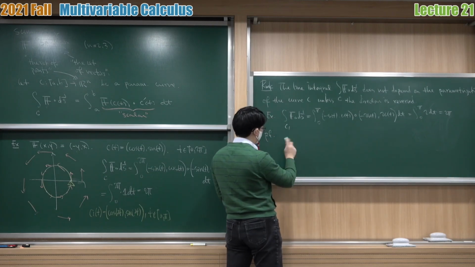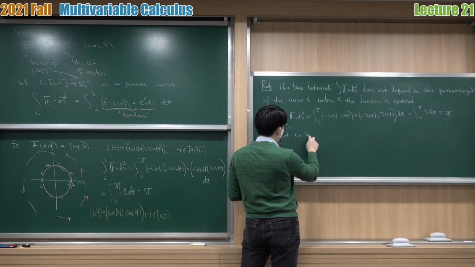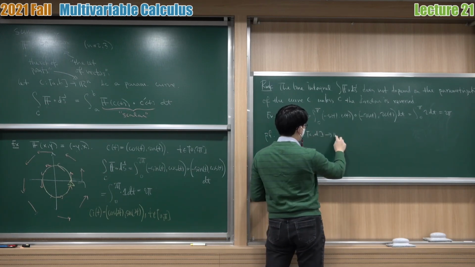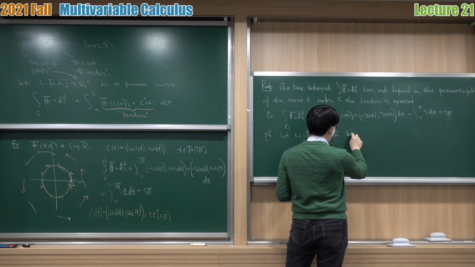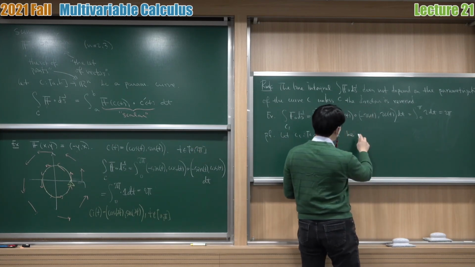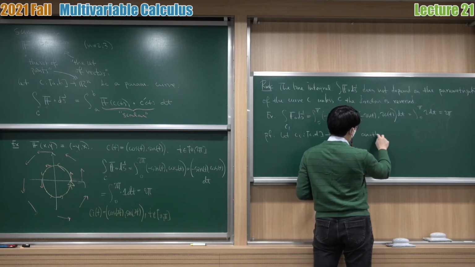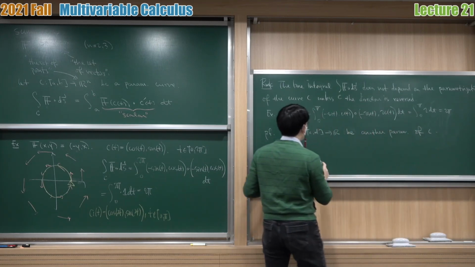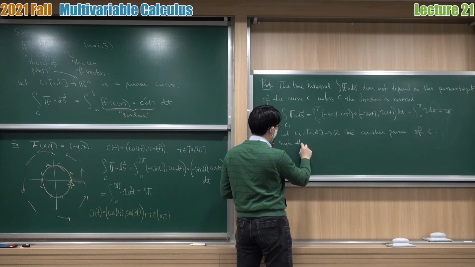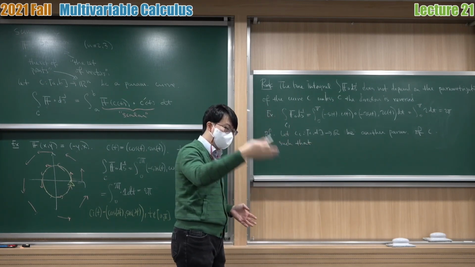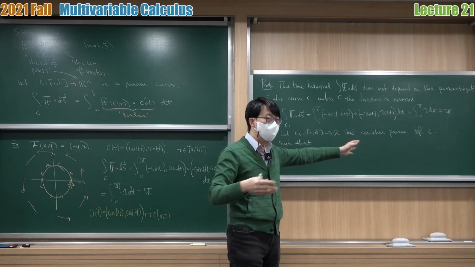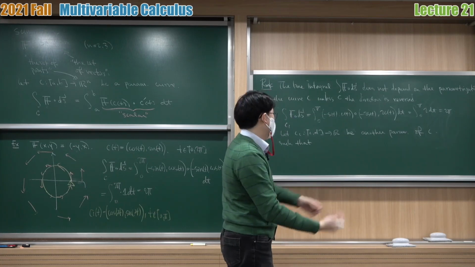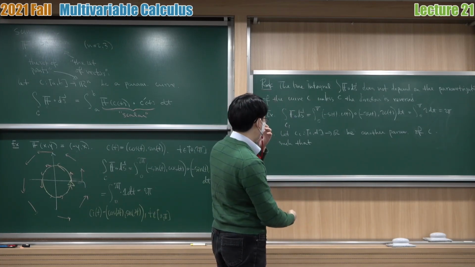So let's say I have C1, which is a reparameterization of the original curve C, another parameterization of C, such that I want to keep the same starting point and end point, and I don't want C1 to have an interval that goes back and forth, which messes up this whole integration.